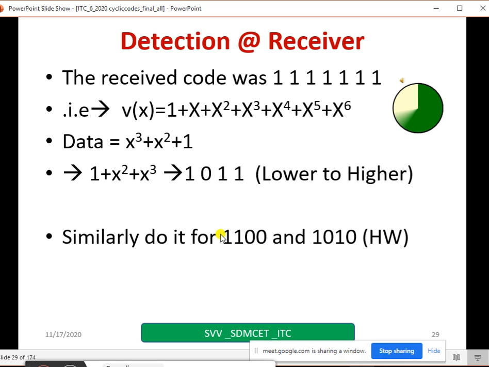Take a code word for 1100, take a 1010 code word, do the reverse process. The code words you have, you should get back 11001010.